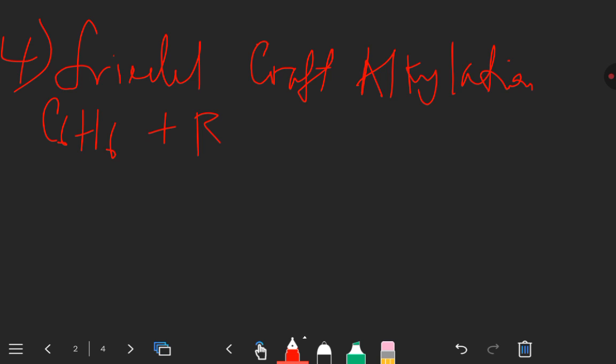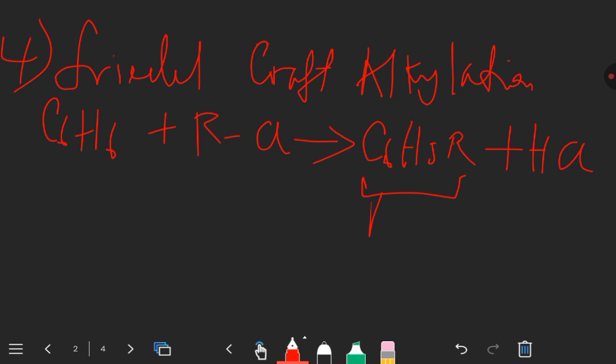So this is what you're going to form: C6H5 with an alkyl, plus HCl. The product you're able to form there is the one we call an alkyl benzene.